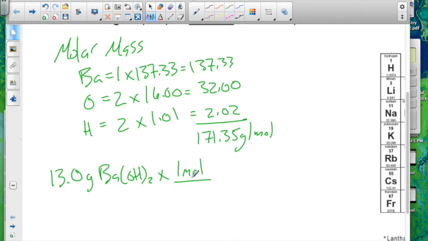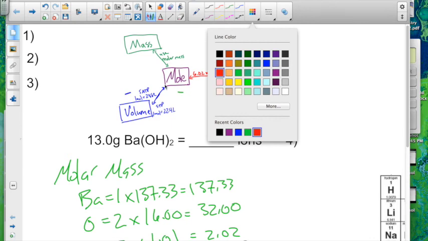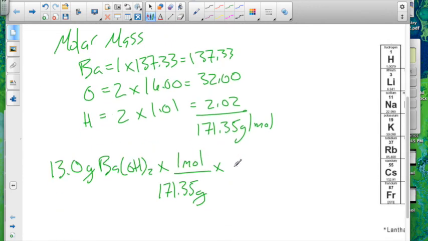And here we want moles and we have grams. So we have the molar mass of barium hydroxide. So now our grams will cancel, and we need to move into our next conversion. And our next conversion is going from moles to representative particles. So what we need to do is multiply this by 6.02 times 10 to the 23.